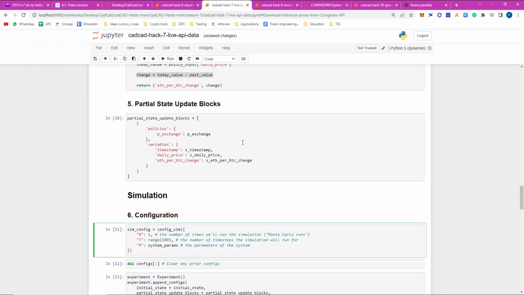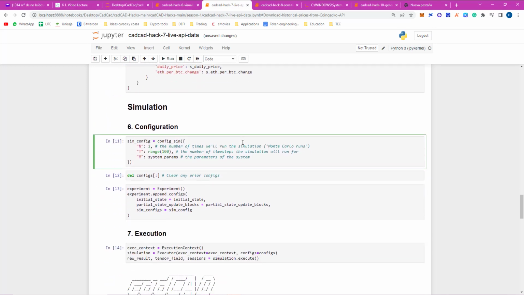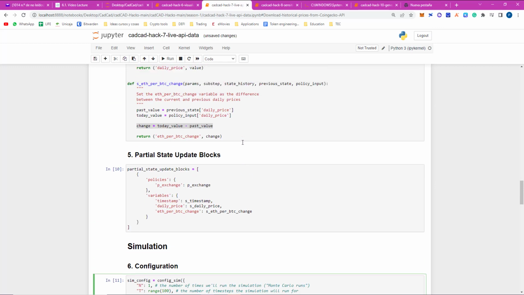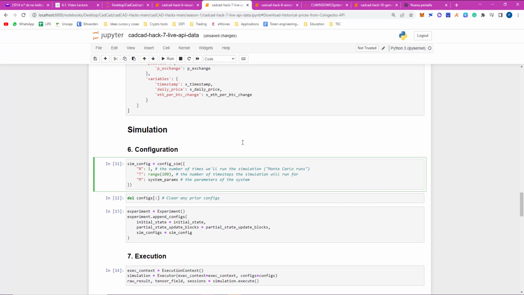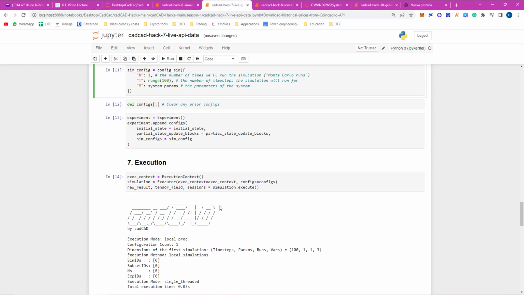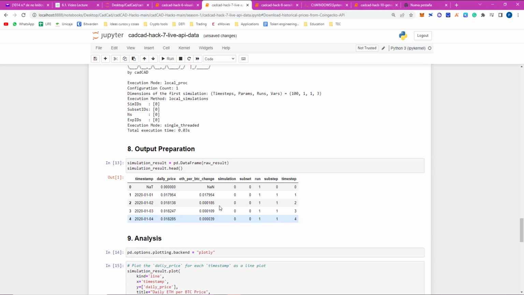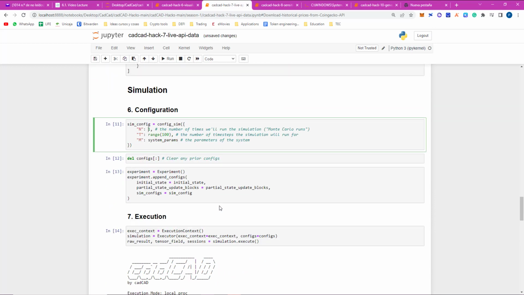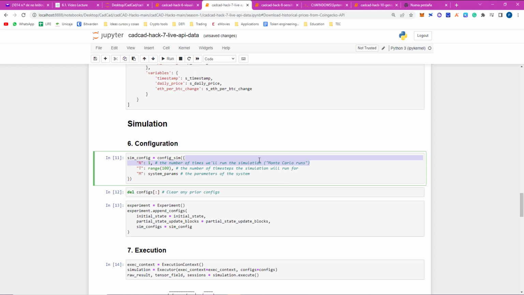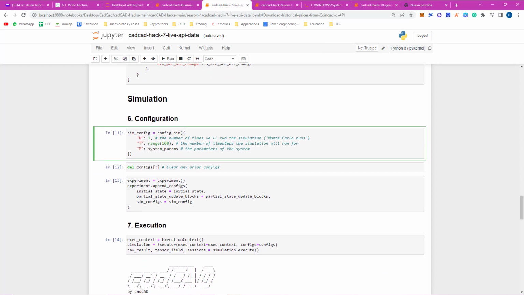Exactly, we didn't provide any variability, any randomness. You don't have any random variable here, so you're going to have the same results. So this is not a Monte Carlo run technically, it's just another run with the same stuff. That's my understanding. Okay, that's what I wanted to reach.